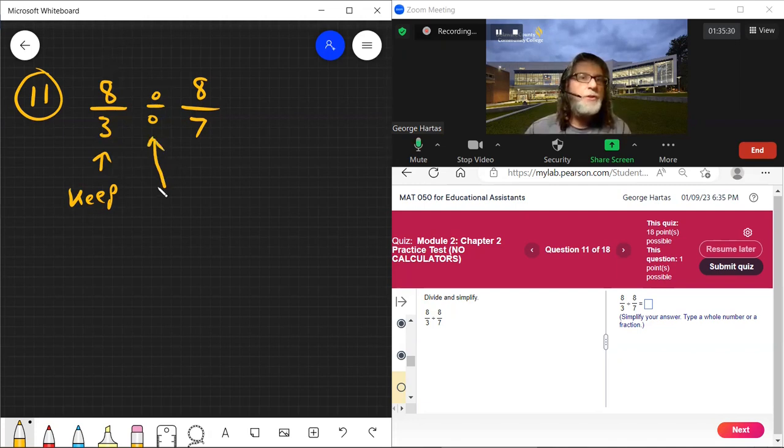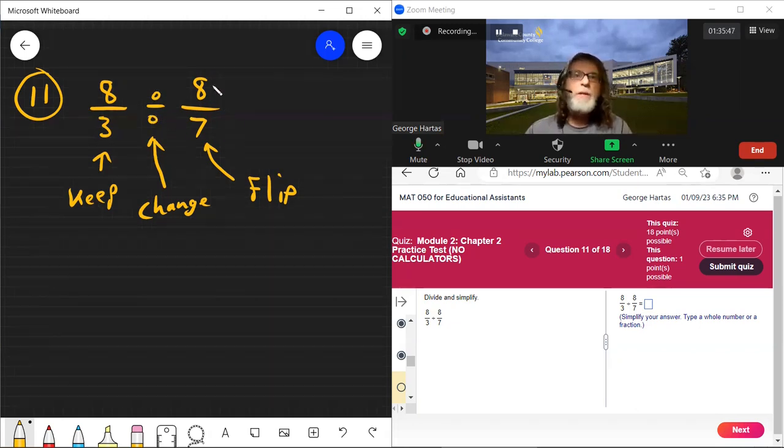We're going to change division to multiplication. And then finally, we're going to flip. We're going to flip the right fraction. Keep the left fraction, change division to multiplication, flip the right fraction, and let's do that down here.